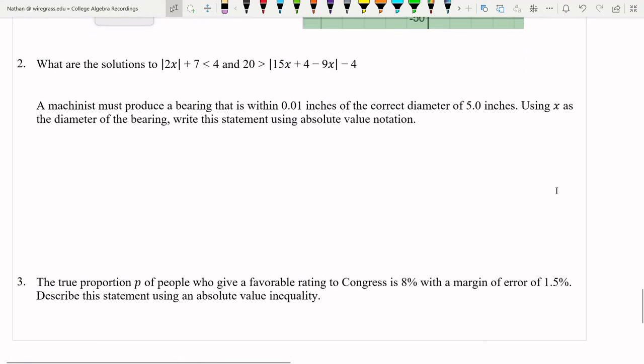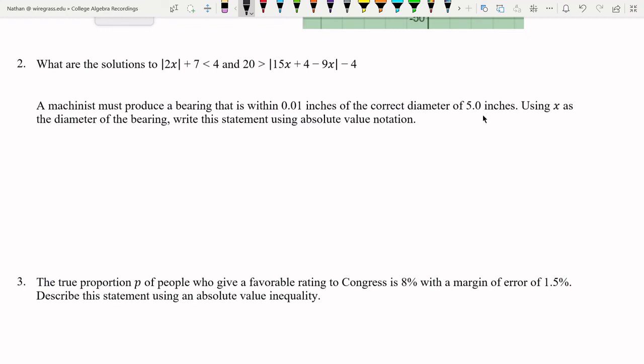Now, absolute values are a great tool for showing error measurements, because we're looking at what's both above and below a certain central point, and that's what absolute value really shows. So here we have a machinist producing bearings that must be within a 0.01 inch tolerance.